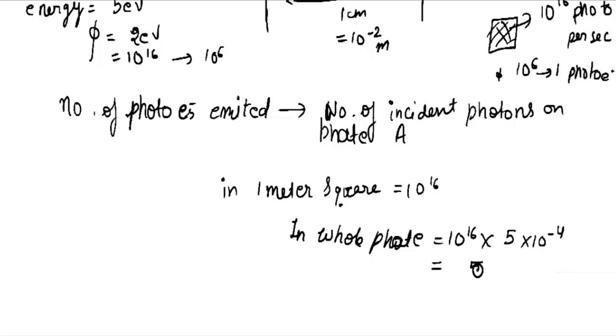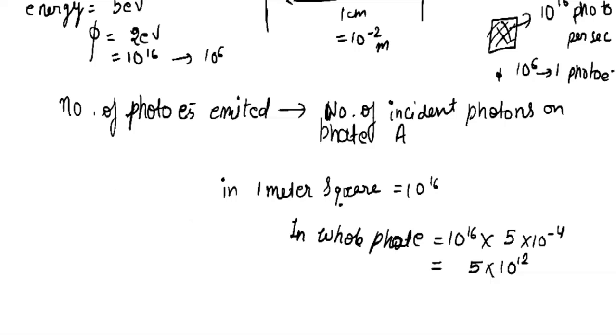So this is 5 photons will fall, because it's monochromatic light and it's giving energy to the metal plate. So this much number of photons fall on the plate A.